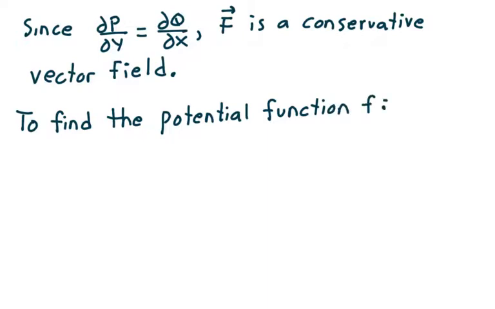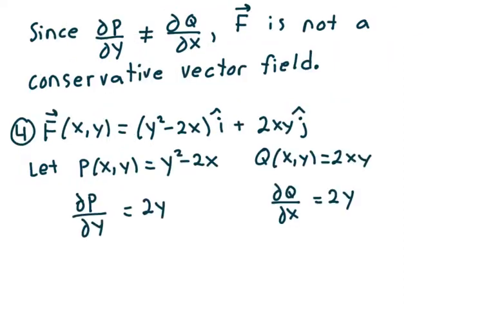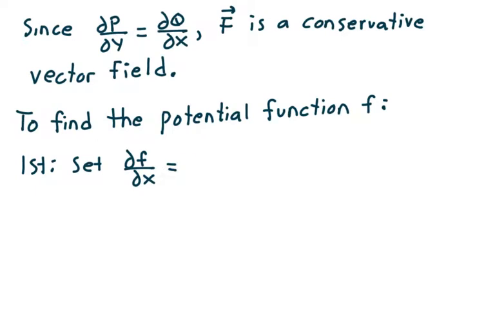This is what you do. First, I'm going to set the partial of f with respect to x equal to the first component, and the first component is y squared minus 2x.